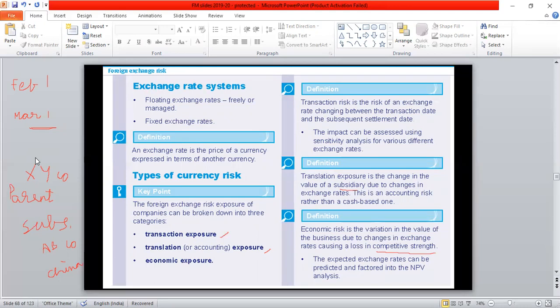Economic risk is when the variation of foreign currency is causing some impact or a loss on their competitive strength. They would not be able to take up the same course of action. We call that economic risk.